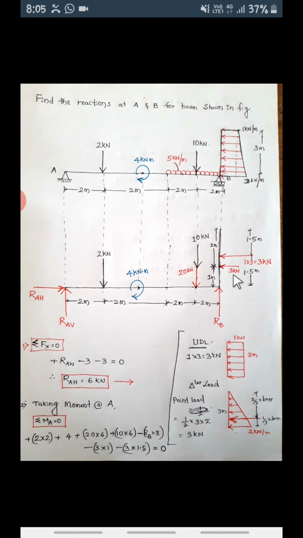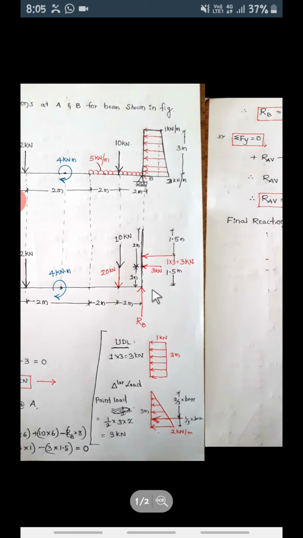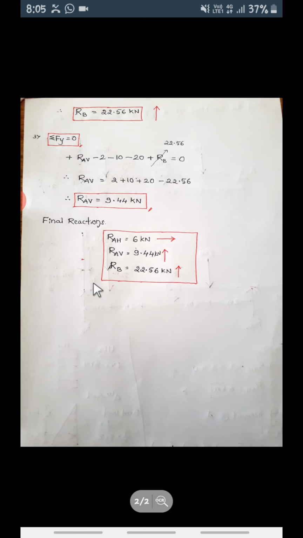We have taken minus 3 into 1 and minus 3 into 1.5. This is summation MA, equal to 0. So we have used another equation, summation MA is equal to 0.